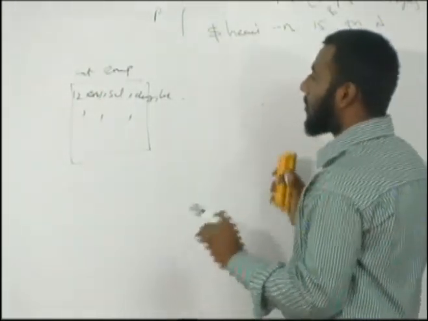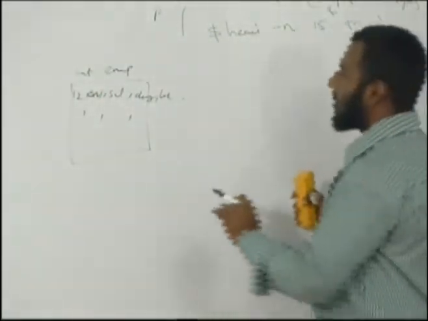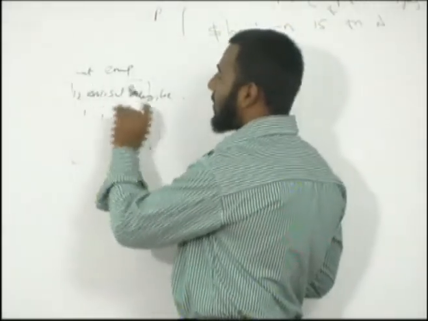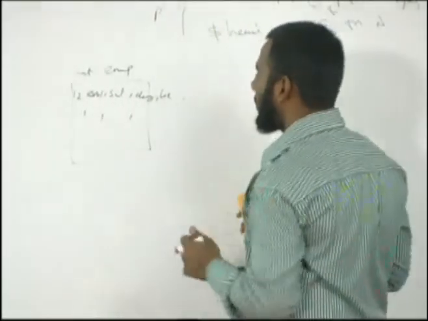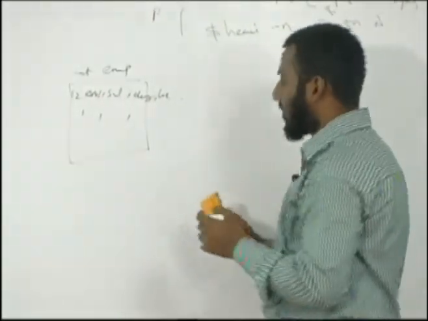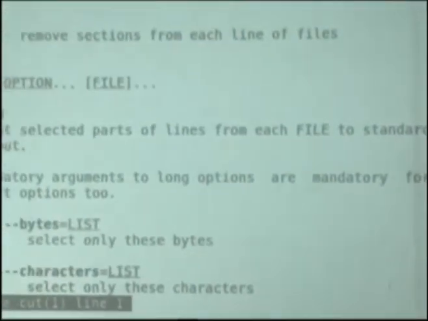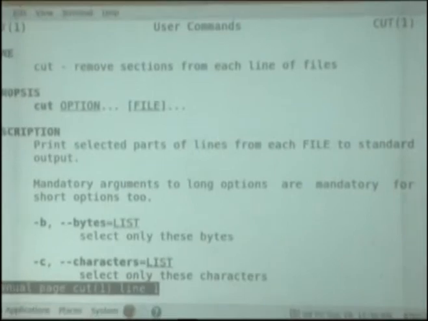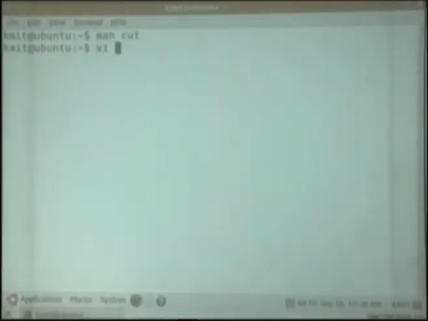We'll see now. For that, first we'll create a file called emp with the following columns, with the following fields. Then we'll perform a few operations on them. So vi emp, I'll go into insert mode.